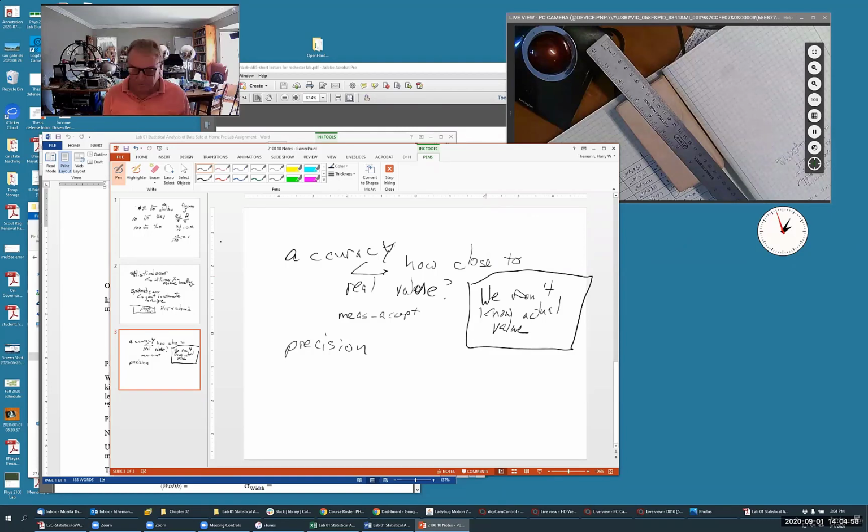Now, precision, there's a couple ways of stating this. This is like the number of sig figs. So if I say something is 2.1, there's sort of implied that this digit here, it's like plus or minus 0.05.